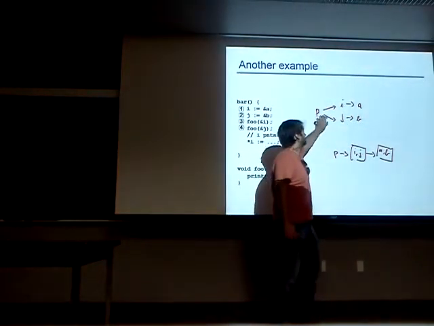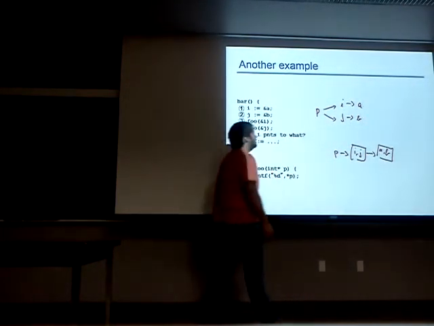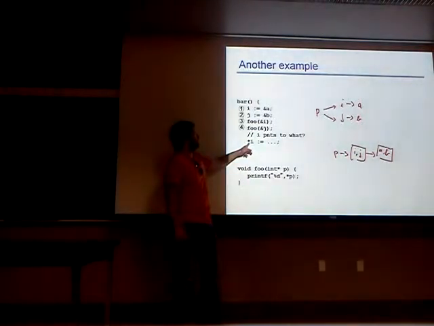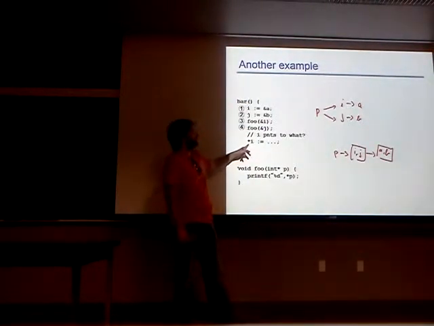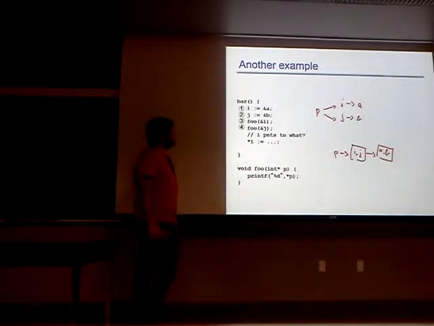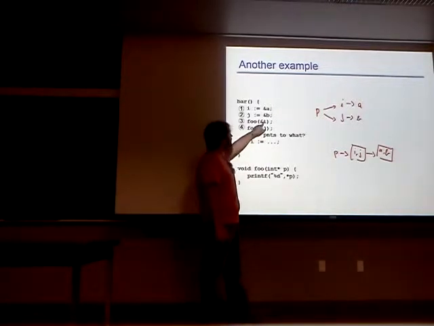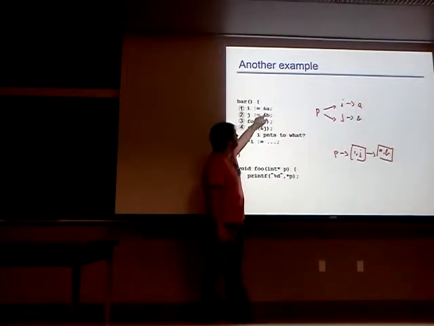We would keep these separate. So if we ask Anderson, what does I point to? It points to A, right? If we ask Steensgaard, Mr. Steensgaard, what does I point to? It's going to say A, B. That's a very interesting thing, that this I here now can point to either A or B.